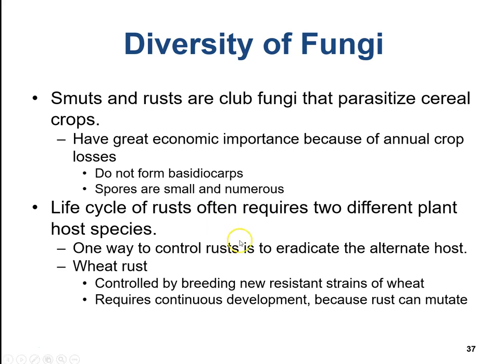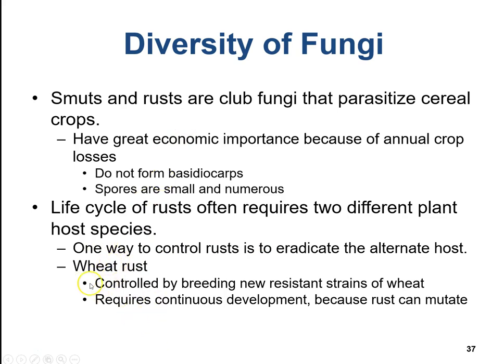A lot of times, though, the life cycle will require 2 different host species. So if you don't have that other alternate host, they won't be able to grow, right? So with wheat rust, one way you can control it is by getting rid of that alternate host, right? So I said a lot of these guys will affect cereal crops like wheat.